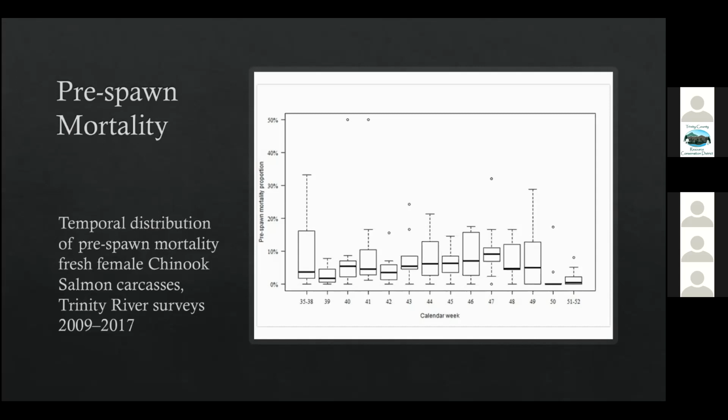So the highest proportions of the total run in the season that are hit by pre-spawn mortality, it's fairly uniform and occurs when most fish are in the river. And here, I think the highest number of fish of the run that have succumbed to pre-spawn mortality is in calendar week 47, which I believe corresponds to either late October or early November.